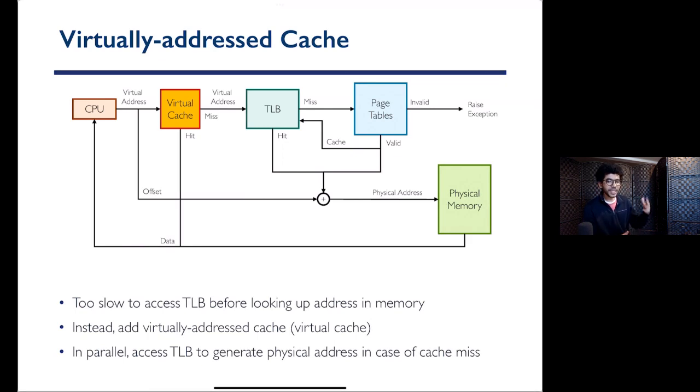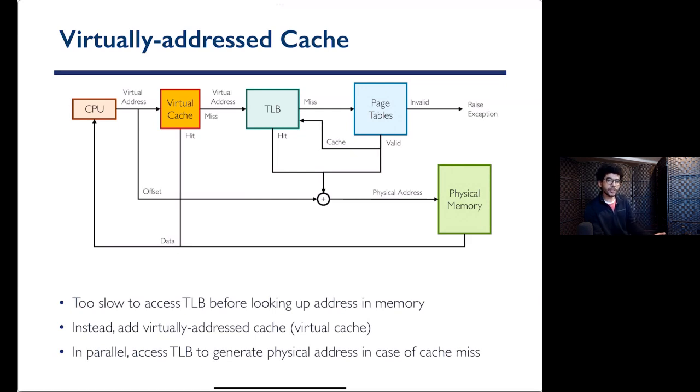Now, this means that in order for us to go to our cache, we first need the translation of the address, right? So basically, I need to translate my virtual address to physical address to then be able to go to my first level cache, and then second level cache, and then third level cache, and then eventually go to my memory, right? So that's basically what we have talked about.